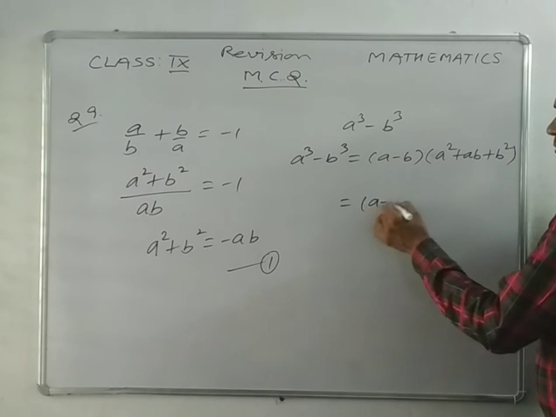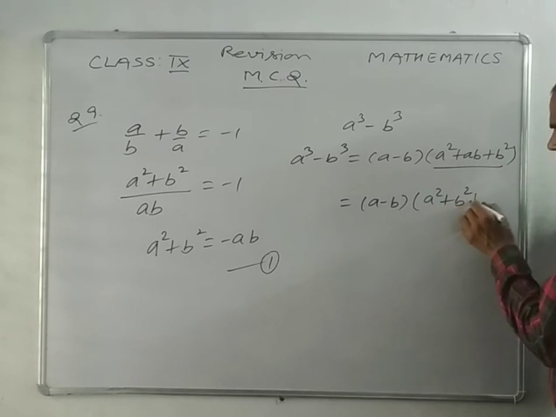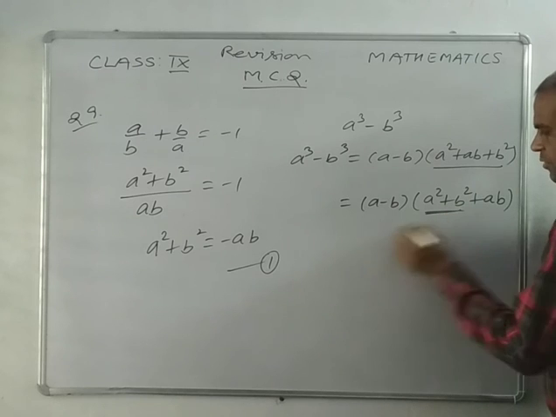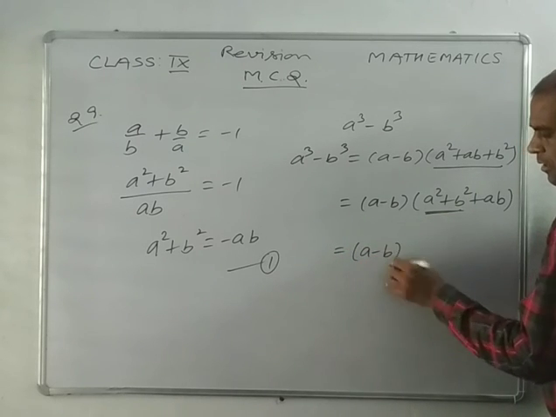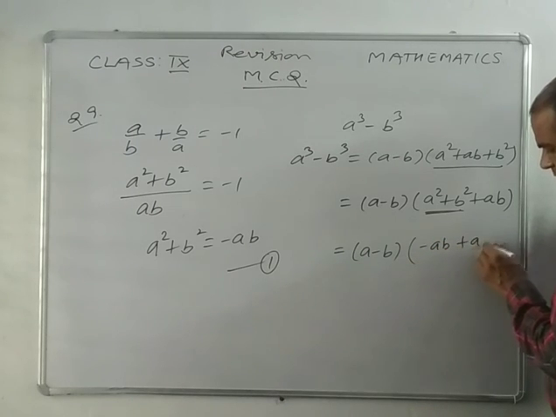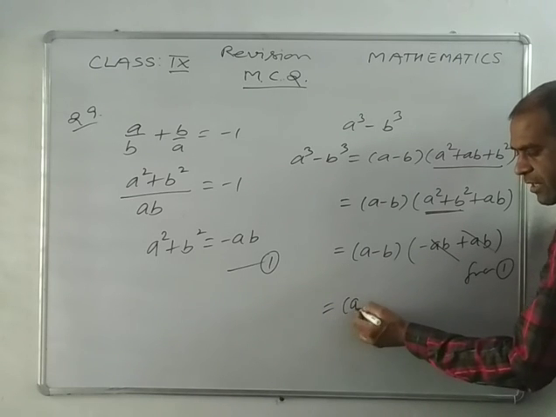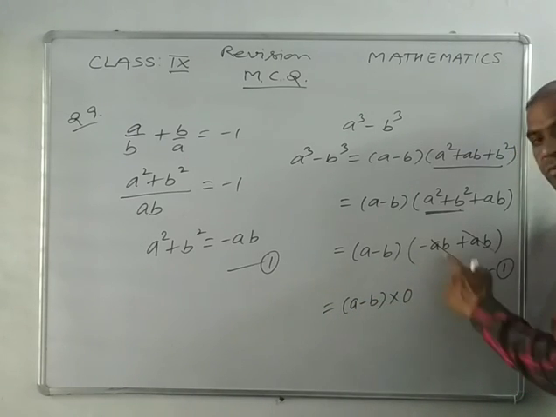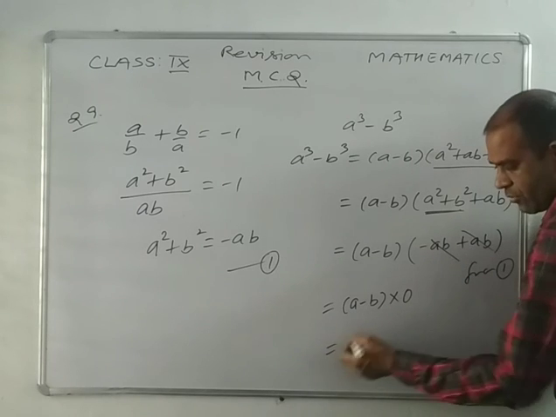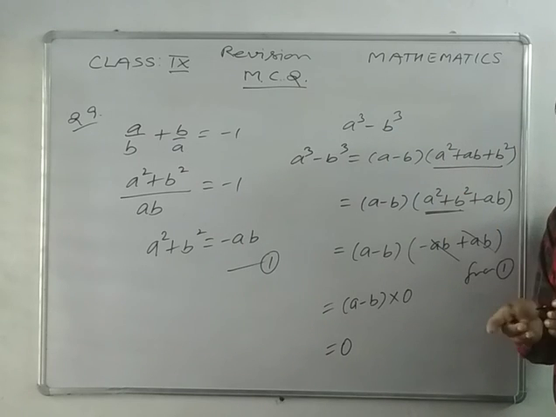So here a minus b and here a square plus b square plus ab. a square plus b square is minus ab, plus ab. From equation first, ab and ab cancel. And a minus b into 0, whose difference is 0 and whose product is also 0. So the final answer of a cube minus b cube is 0.